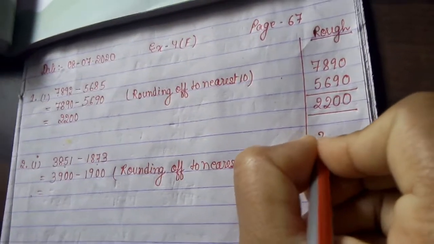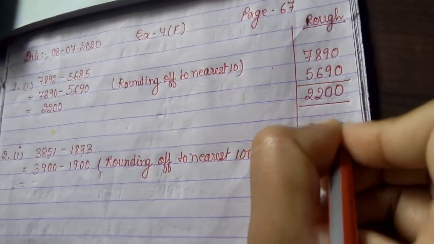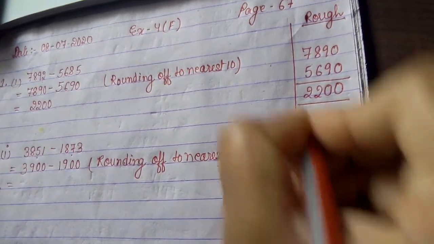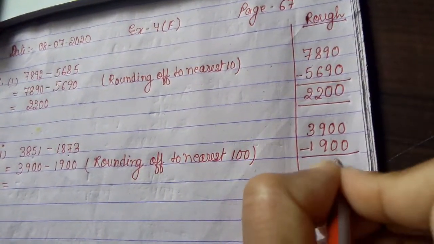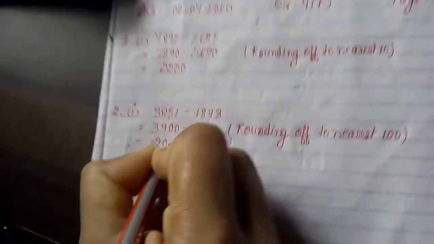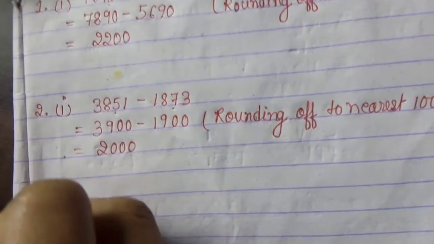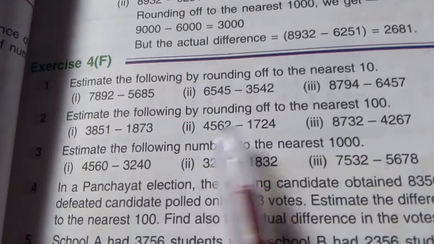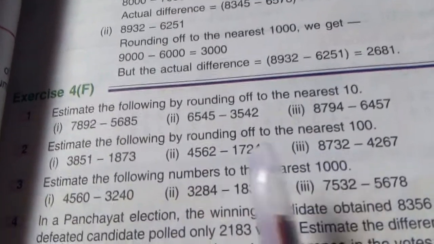So again we will use the rough page. So the answer is 2000. Now we will do question number 3 first. Here 2 more questions are there, so you will complete like this only.